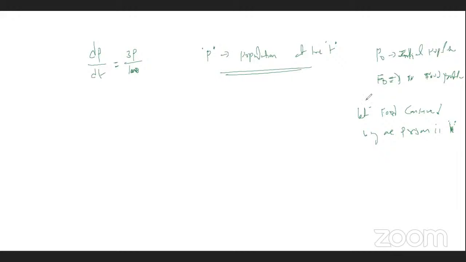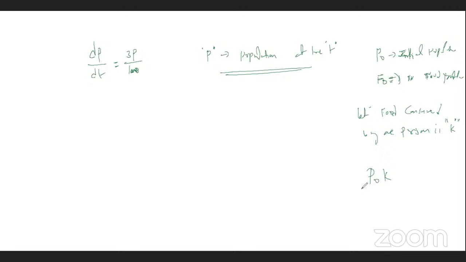How many population are there? P naught, sir. P naught into K. And that is the total food consumption initially. Yes, sir. Even though they are having a food defect, 10%. 10% is a food defect.